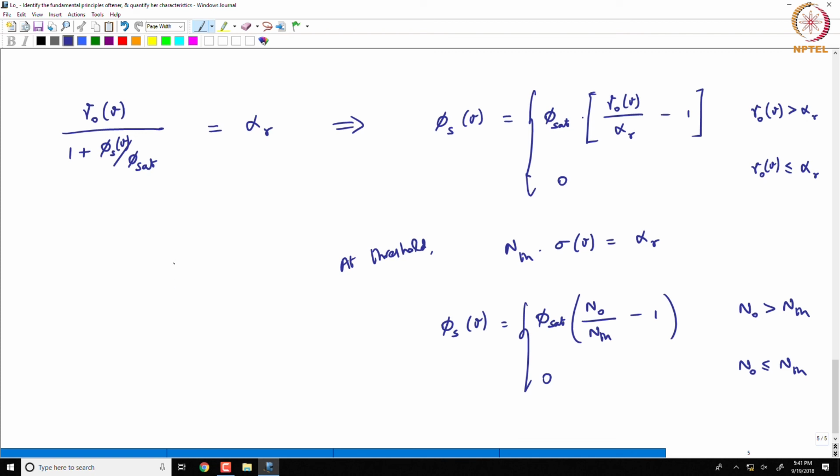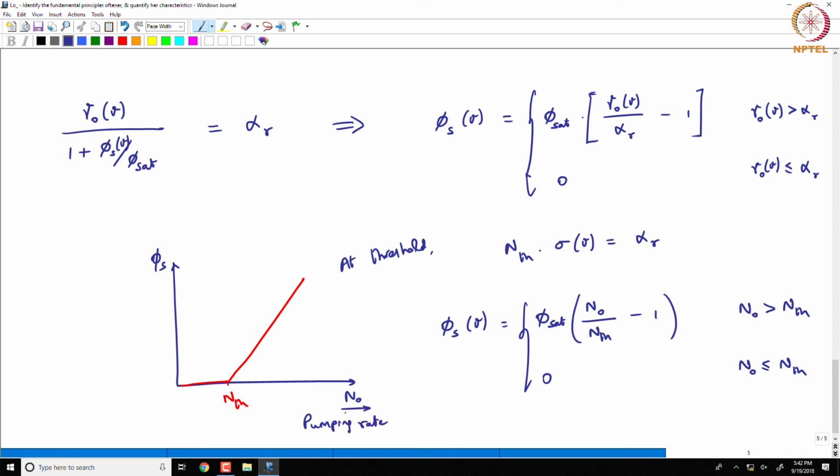So, we are out of time. Maybe I can just graphically represent this before we break off. So, phi s as a function of n naught is showing something like this. So, phi s is 0 below n threshold, and phi s starts increasing rapidly as you go to higher n naught, which is actually representing the pumping rate, right.